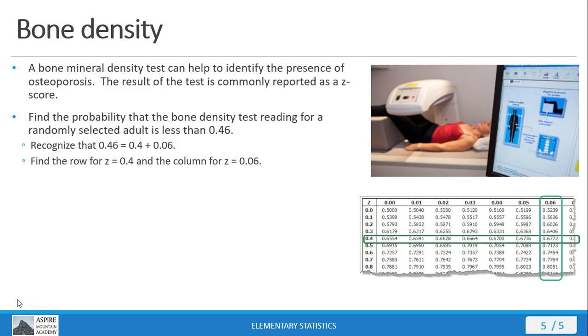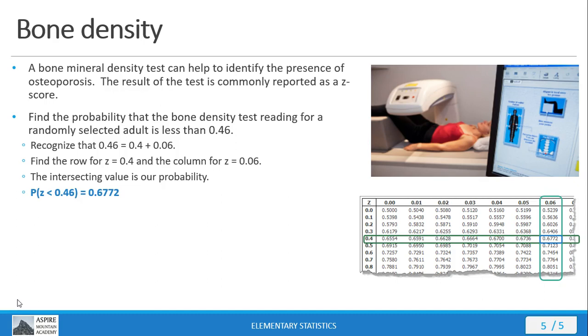And the intersection of that row and column of interest gives us the area to the left underneath that density curve. That's going to be the same as our probability because we want the probability that we're less than that z-score of 0.46. So 0.6772 is going to be the probability that a randomly selected adult has a bone density test reading of less than 0.46.